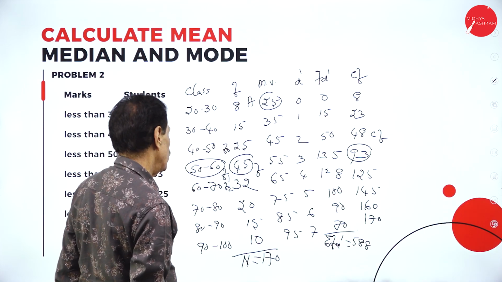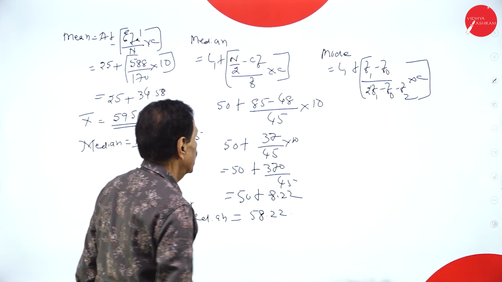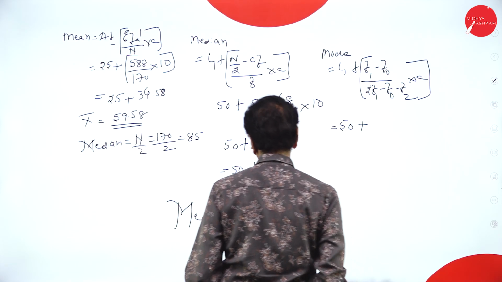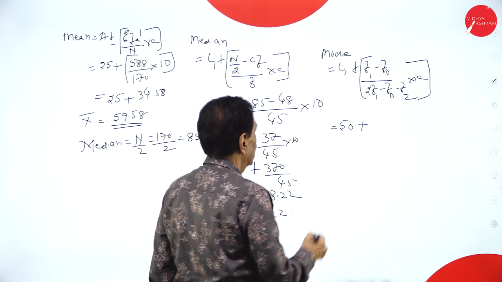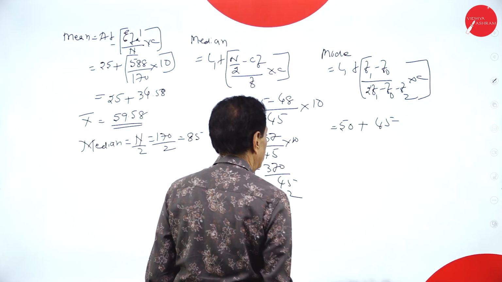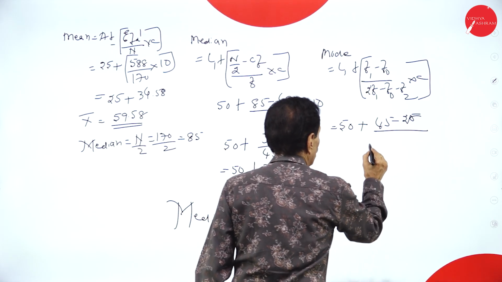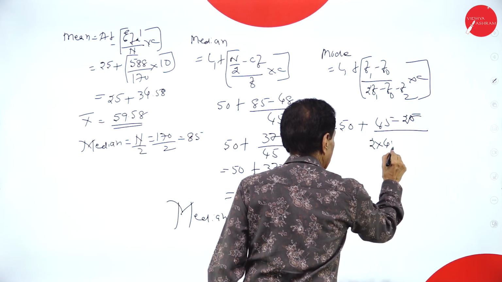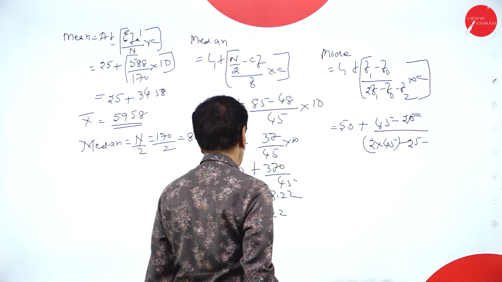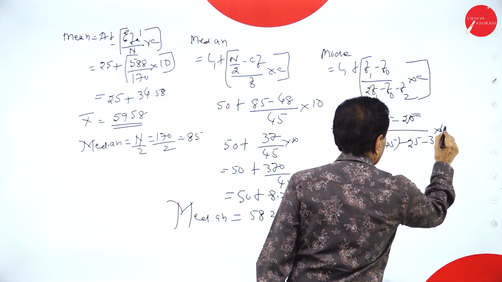Apply. Which range have you selected? Highest is 45, 50 to 60. L1 is 50. Plus, what's your F1? 45. What's your F0? 25. 2 into 45 minus 25 minus your F2, which is 32, into 10.